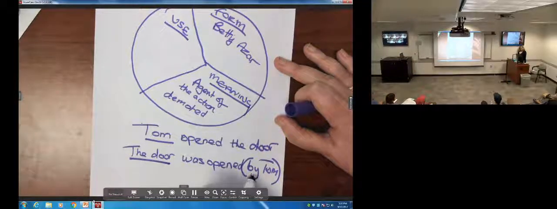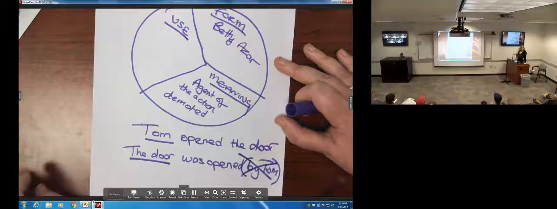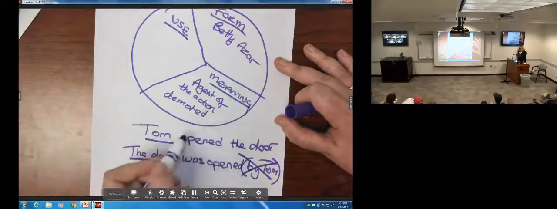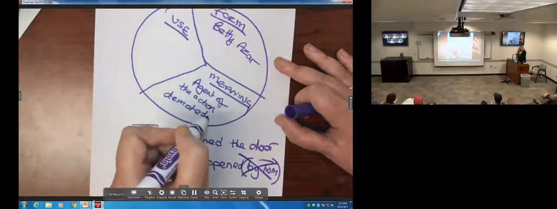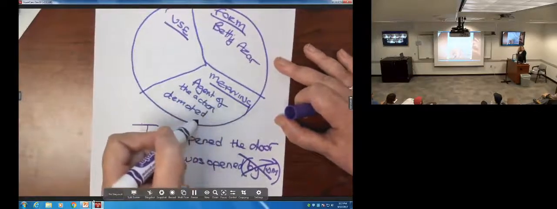And in fact, it's so demotable, it's disappearable, right? If we decide we're really not interested in anything about who opened the door, we can just get rid of it. The door was opened. Okay, that's the important issue, right? So the meaning is that the agent, as it would appear in an active sentence, is demoted.